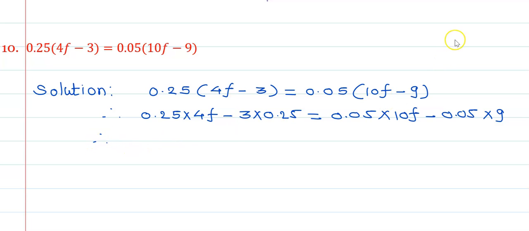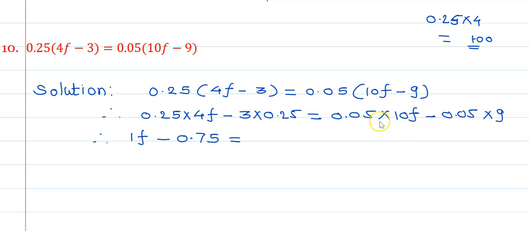You can see here, 0.25 into 4 equals 25 into 4, that is 100, and moving the decimal 2 places to the left, you will get 1. Therefore multiplication gives 1f. Next, 3 into 0.25, you will get minus 0.75.